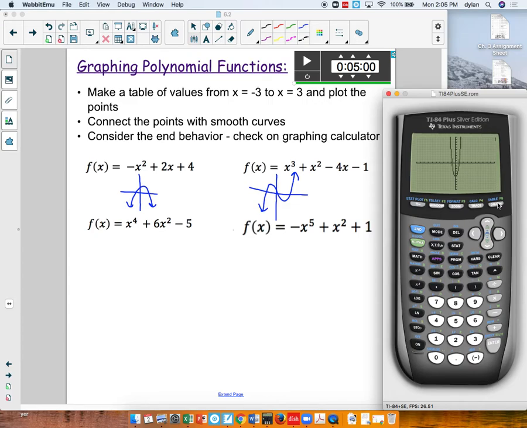And if I graph this one, at first you're going to think it looks very much like a parabola. And that's true to some extent, but let's zoom in a little bit here and see if we can see this more closely. So I'm just going to make my x window a little bit smaller. What I want you to notice here is that what appears to be the vertex is in fact somewhat flat.